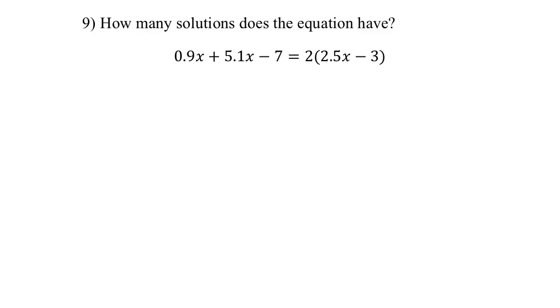Okay, so combining like terms on the left side of the problem. Jason says we have 6x minus 7. And what are we going to do on the right side? Distribute. Jason, do you have that right side worked out for us? It'll be 5x minus 6.